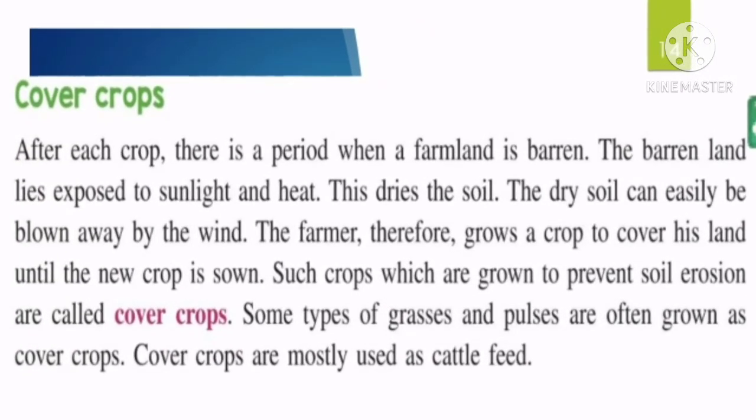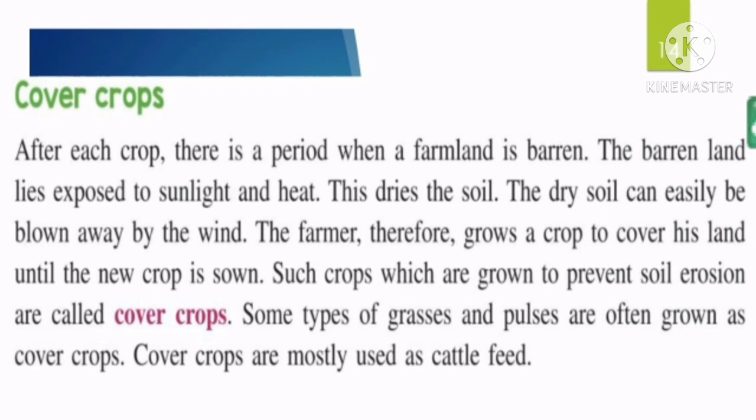The next is cover crops. After each crop there is a period when a farmland is barren. The barren land lies exposed to sunlight and heat. This dries the soil. The dry soil can easily be blown away by the wind.